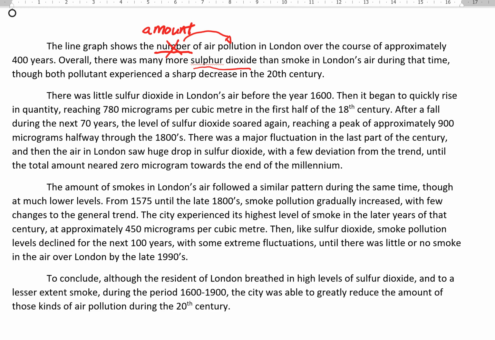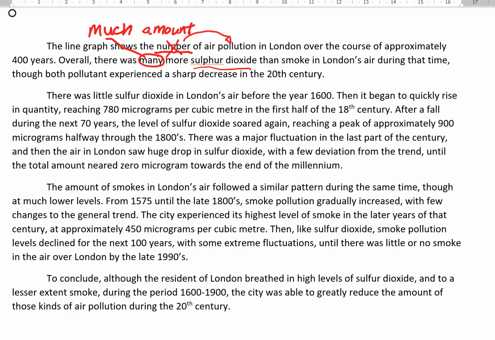However, do you notice the use of many here? Many is used with count nouns. So we need to change that to much. There was much more sulfur dioxide. Many with count nouns, much with non-count nouns.